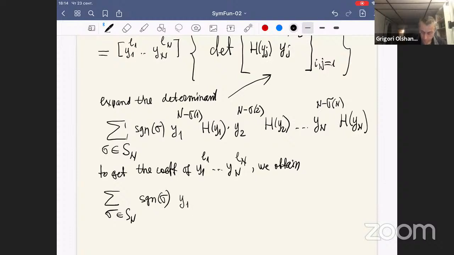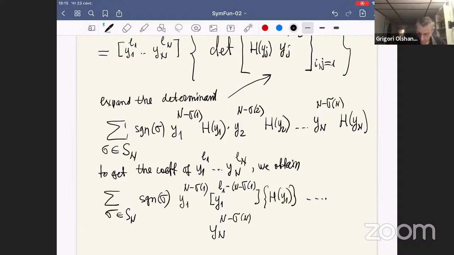Here we have, and here we have to put the coefficient in, and like that. Sorry. We don't need this.